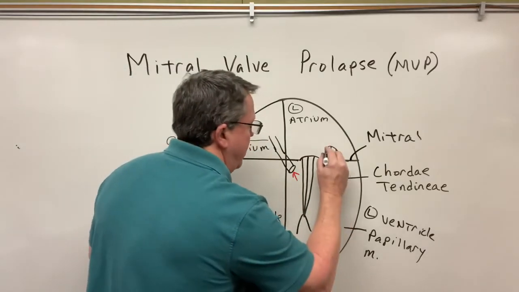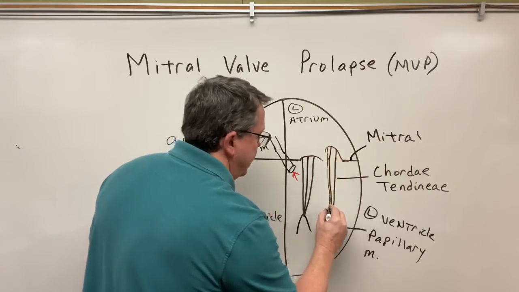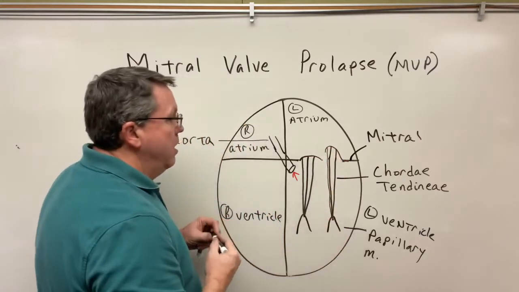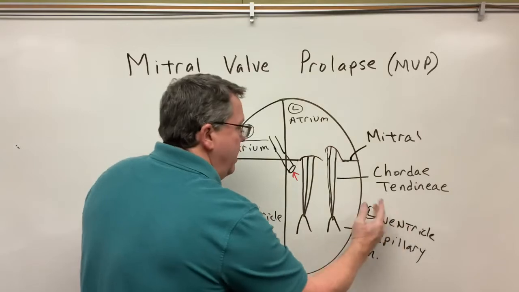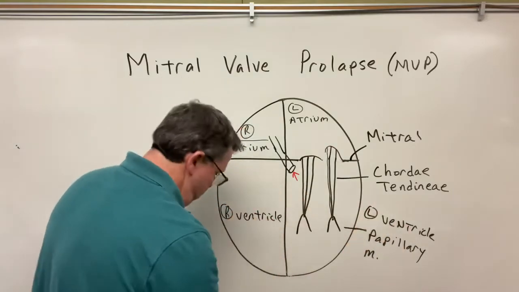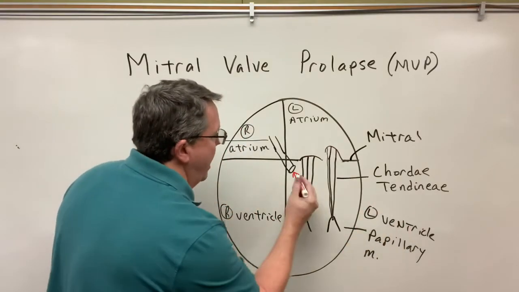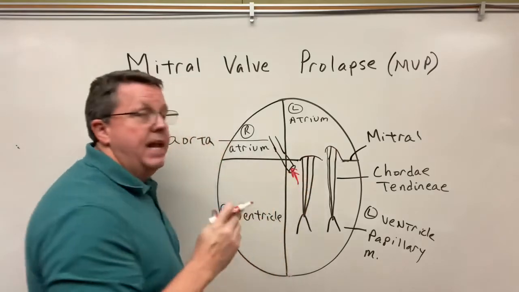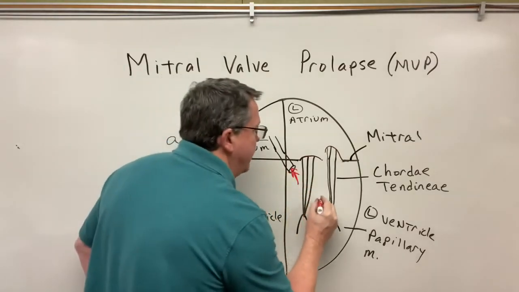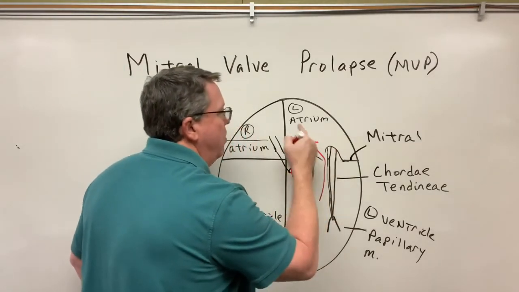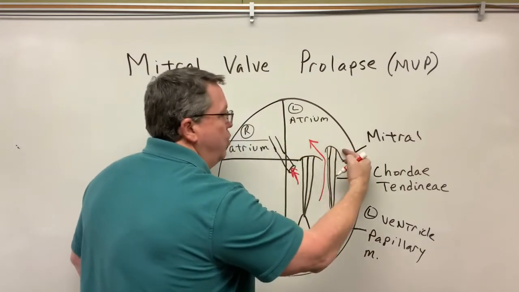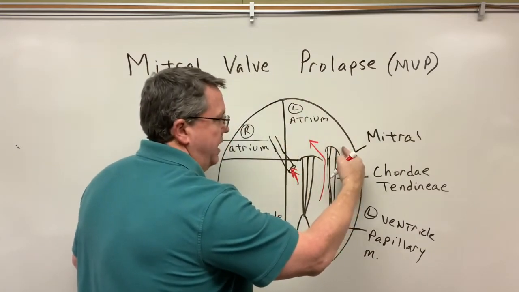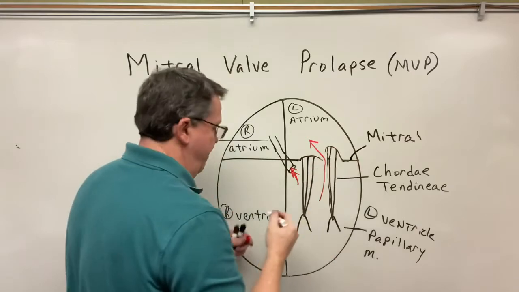All right, so let me just draw this back here because we stretched these out, right? So now, when the left ventricle beats, like we saw, the blood's going to go out through the aorta, but now some of the blood is going to go back up into the left atrium due to this prolapse that's occurred in the mitral valve.